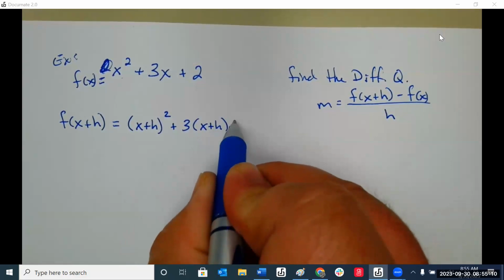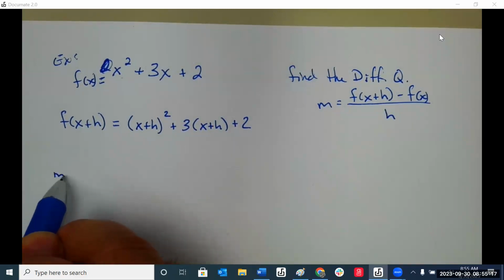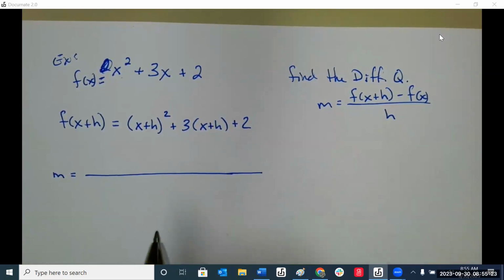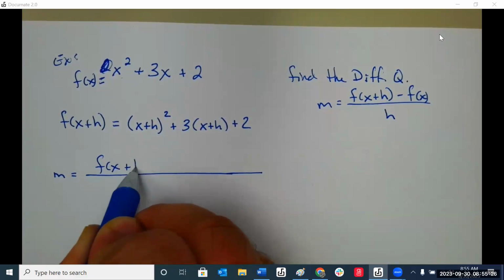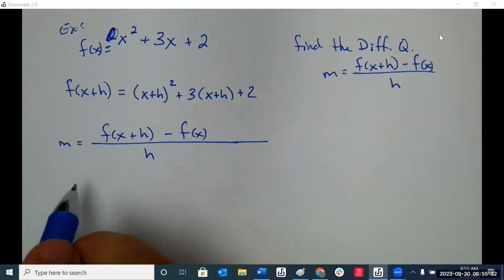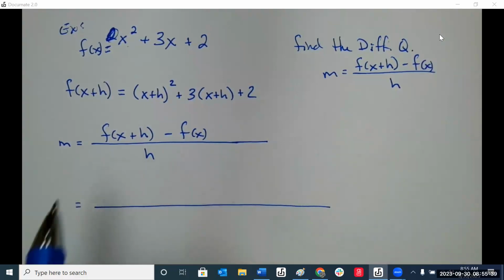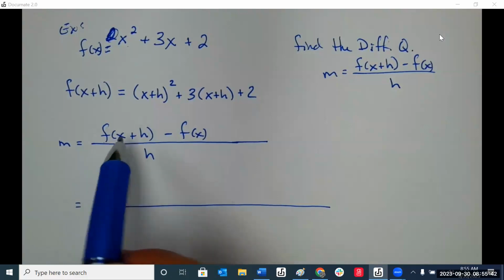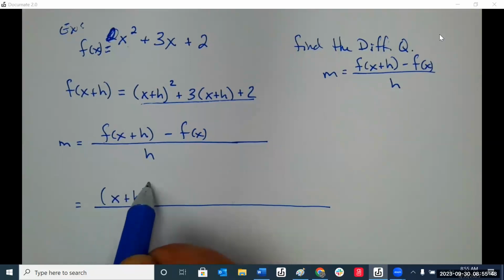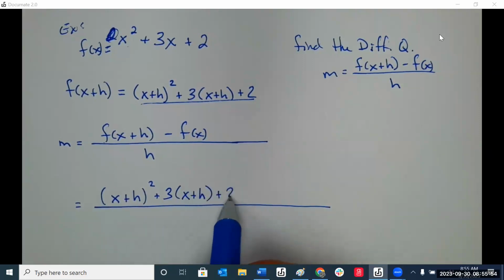And notice I always put them inside parentheses. f of x plus h minus f of x over h. f of x plus h is this whole long equation, plus 3 times x plus h, plus 2.